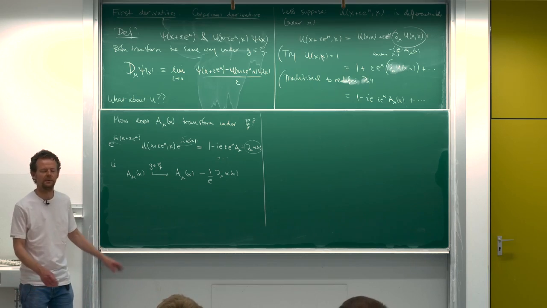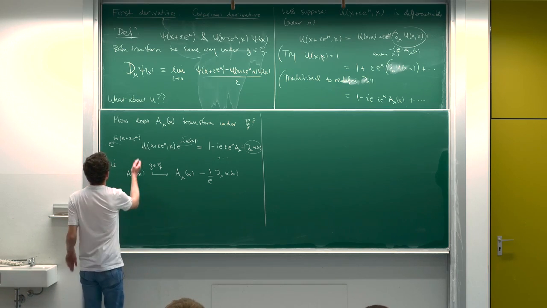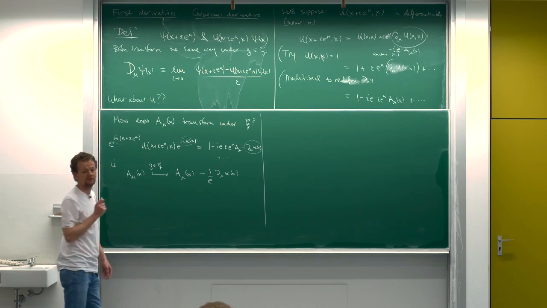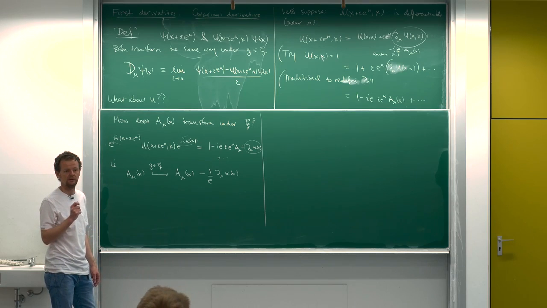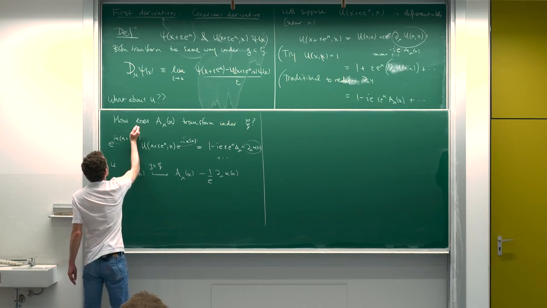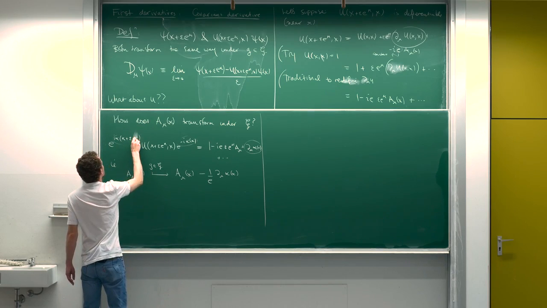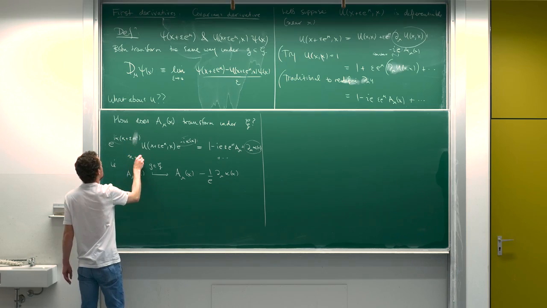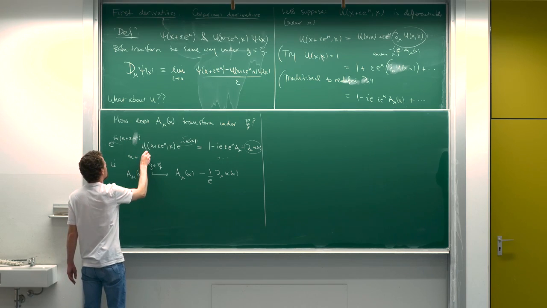Okay, I'm slightly unhappy with the notation I've used here. I'm going to rewrite this slightly to get rid of potential confusions. So n is just some 4 vector.